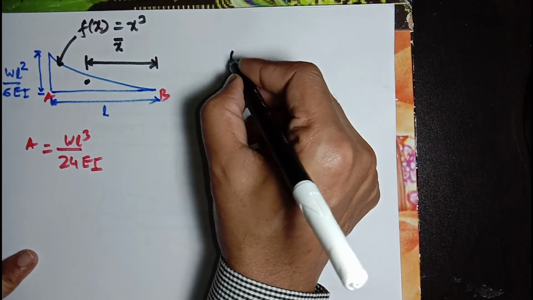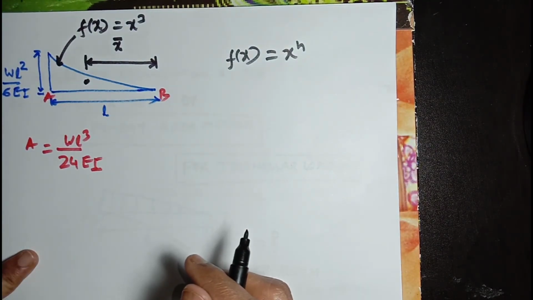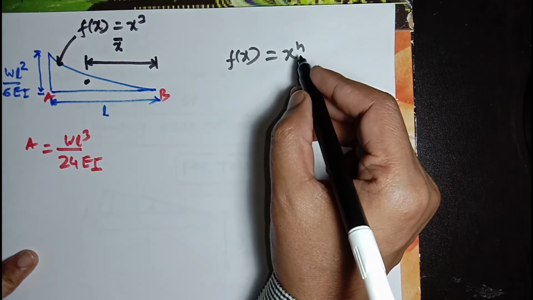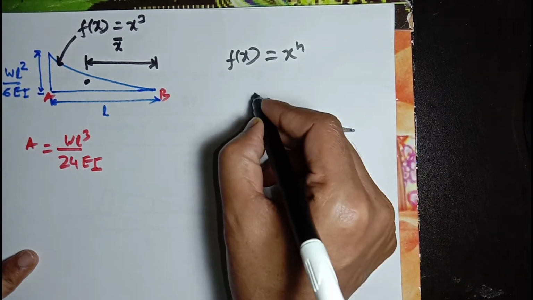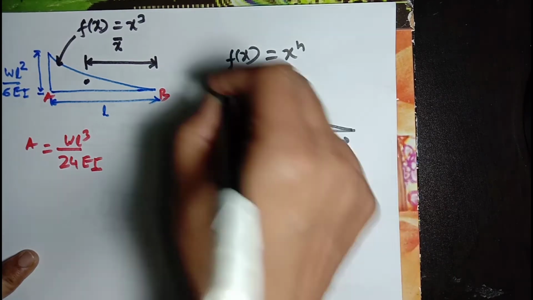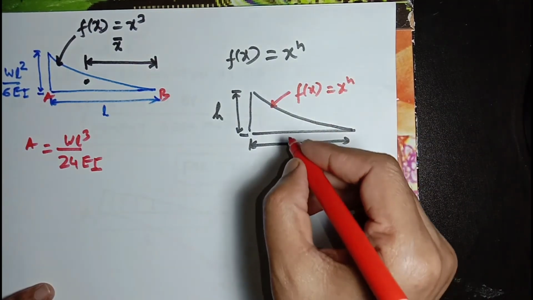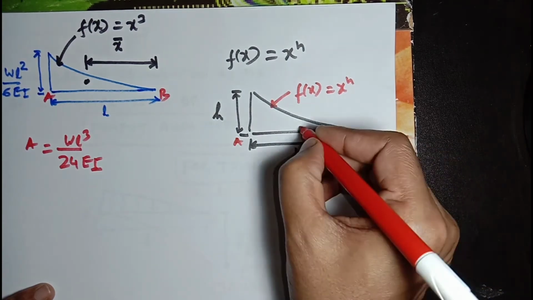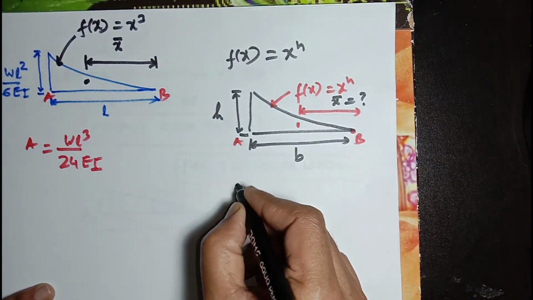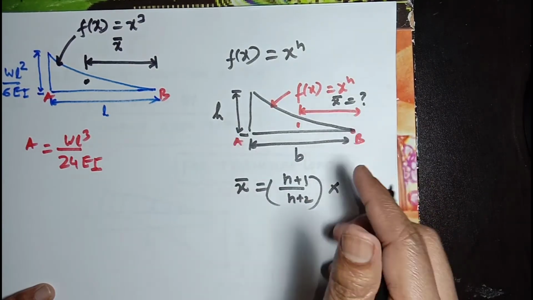So from the general expression of f(x) as x to the power n, we have a general function f(x) which is a power of x to the power n, and this curve has height h and base b. So the centroid from this point B, suppose this point is A, this point is B, x bar will be n plus 1 divided by n plus 2 multiplying with base length b.